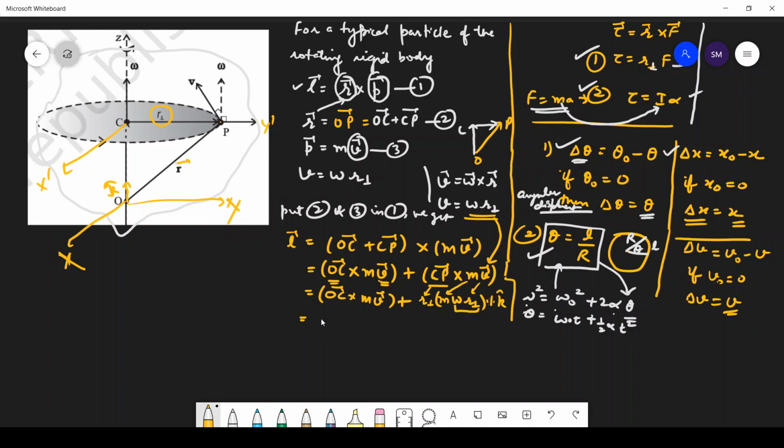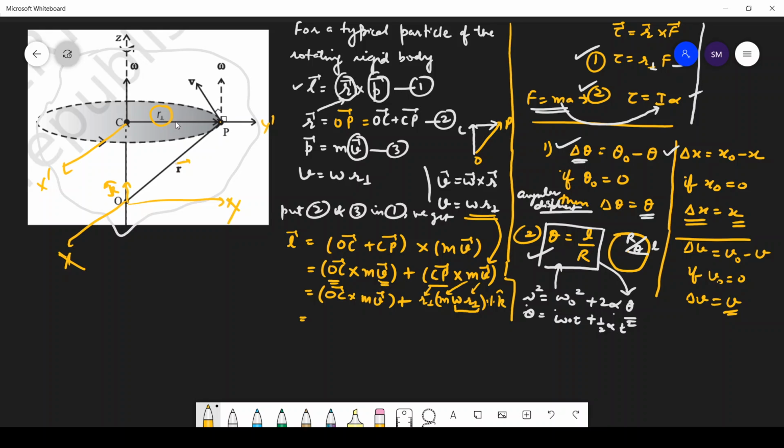So students, do every step logically, step by step. Okay. And now this is the angular momentum of the particle we are talking about. Clearly, this OC is along the z-axis and your V is along the x-axis.